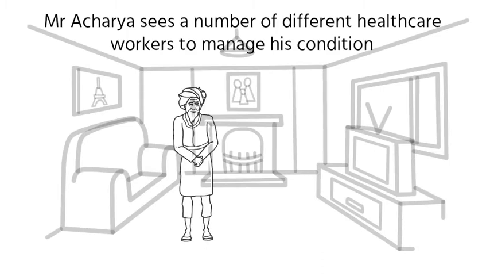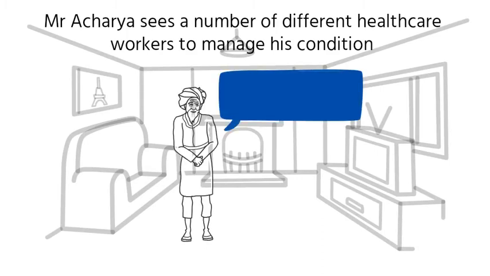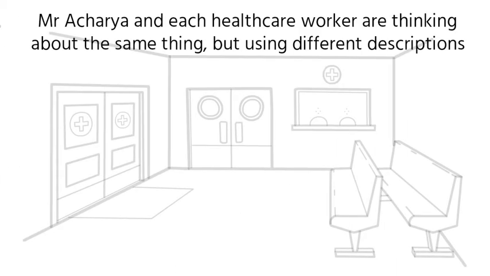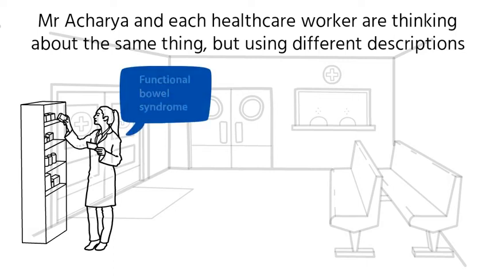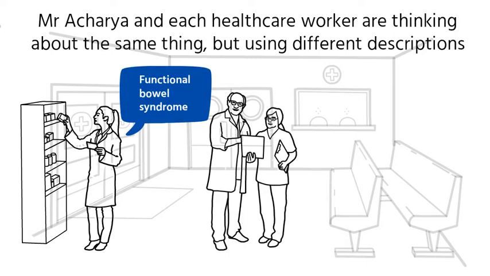Mr. Akara sees a number of different healthcare workers to manage his condition. His IBS is causing him problems again. Mr. Akara and each healthcare worker are thinking about the same thing but using different descriptions.